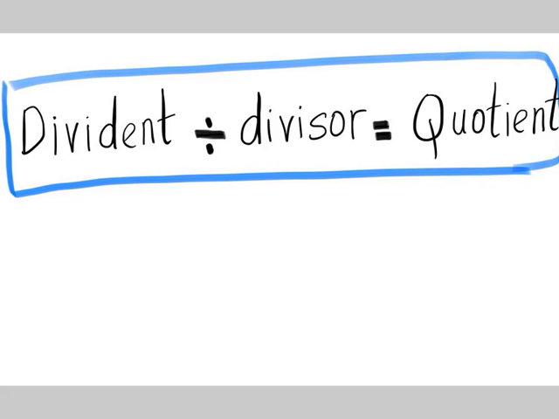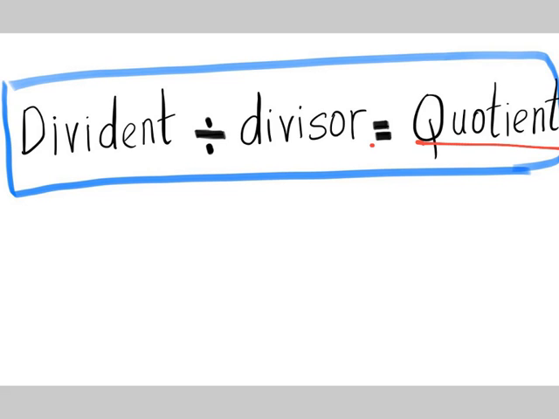Each part involved in a division equation has a special name. So you should always remember: dividend, divided by, divisor, equals, quotient. So this is the quotient.